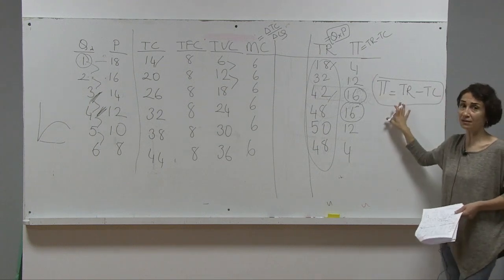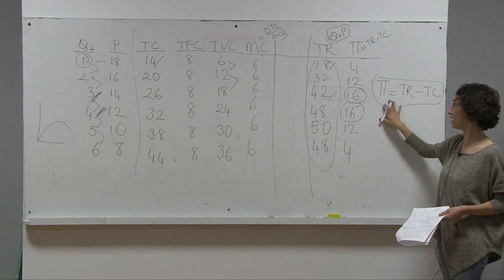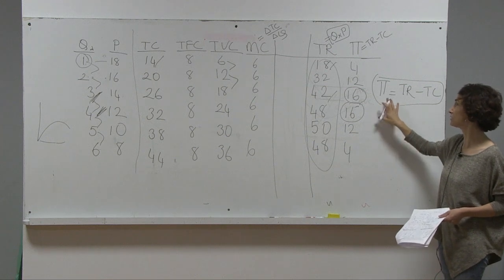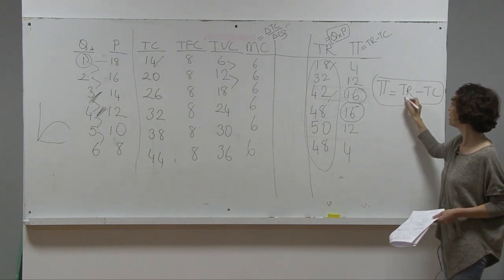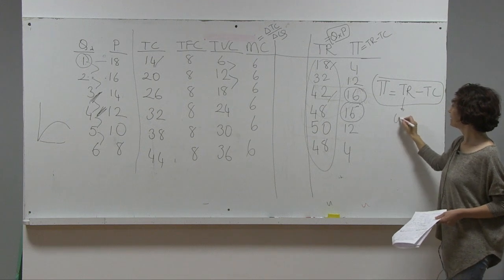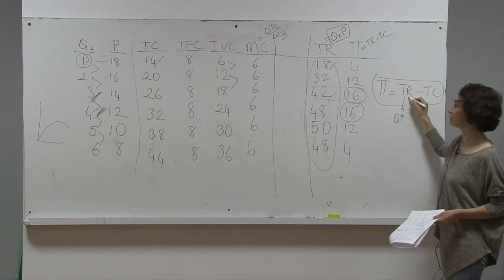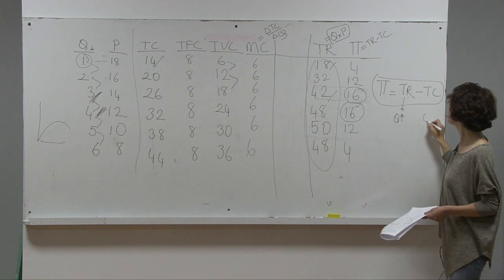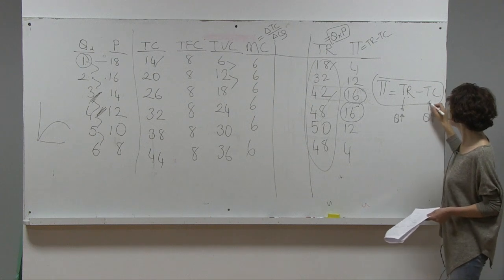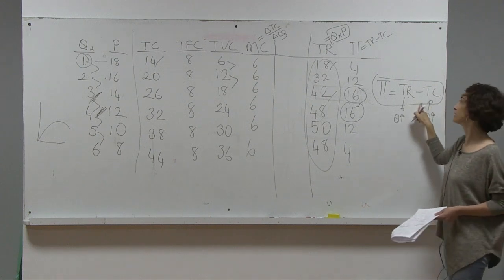This is a definition. This is true for a firm in a perfectly competitive market and for a firm in a monopoly. When quantity increases, total revenue increases. But when quantity increases, total cost also increases.